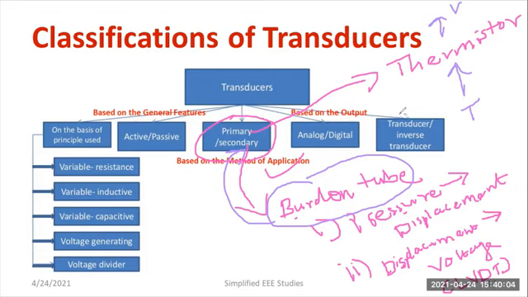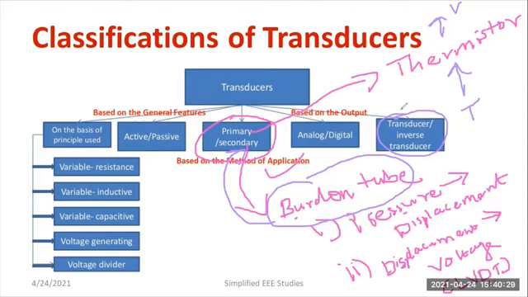Now, finally, I would like to explain one more criterion, that is transducer as well as inverse transducer. What do you mean by transducer? A transducer converts a non-electrical quantity into an electrical quantity. There are a lot of examples we studied, for example strain gauge, load cells, etc. All are called transducers. What do you mean by inverse transducer?